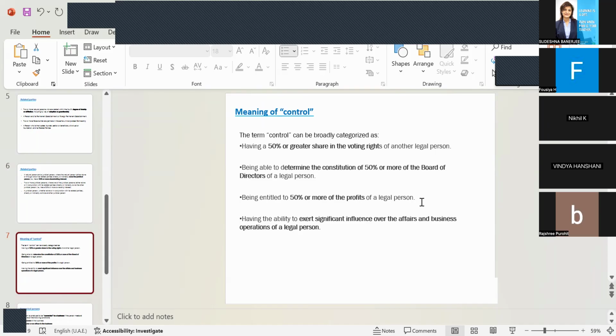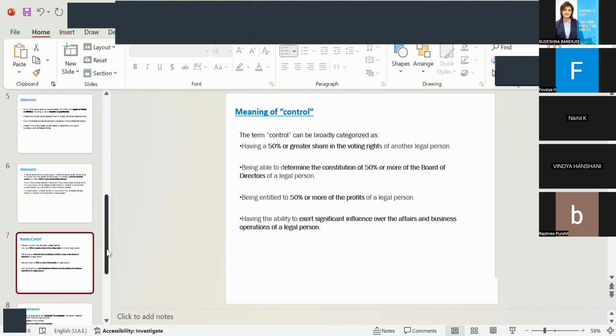In this situation, a person who is not related by way of shareholding or by constituting the board of directors, but is entitled to 50% or more of the profit of that company, or has the ability to exercise significant influence over the affairs and business operations of the legal person, like control over the normal operations of the company, then we can say there is control in that company.